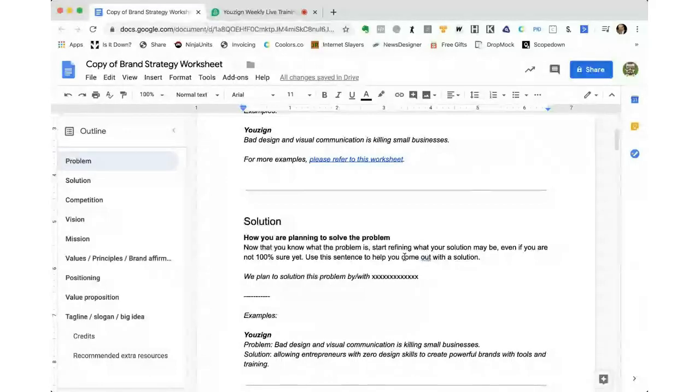We plan to solve this problem by or with, okay? This sentence is going to help you to create a solution, okay? So, y'all good with that? You understand where we're going? We've gone from the problem to the what? Put the word down here. It's really, really important.